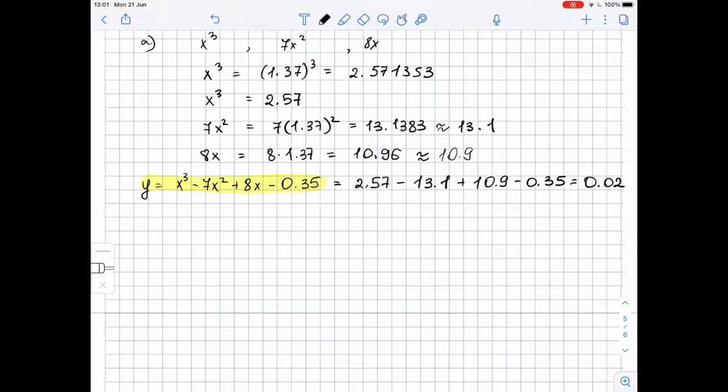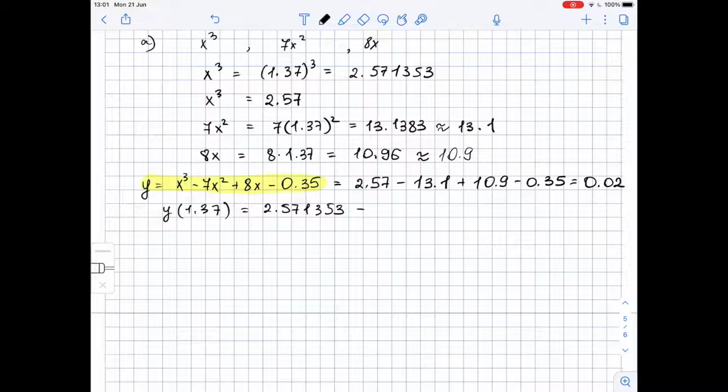Now we need to find the exact result, so the result without using 3-digit chopping. So y of 1.37 equals 2.571353. So we use the real values instead of those that we chopped.